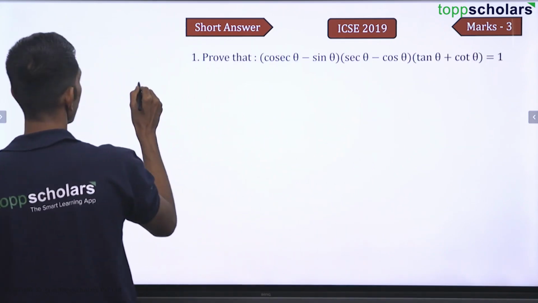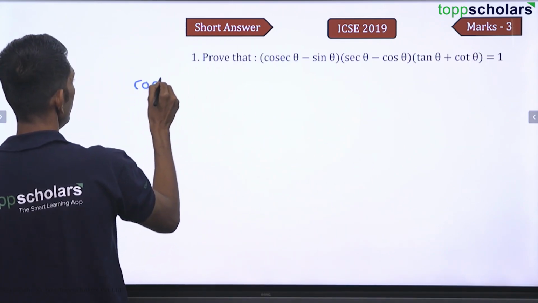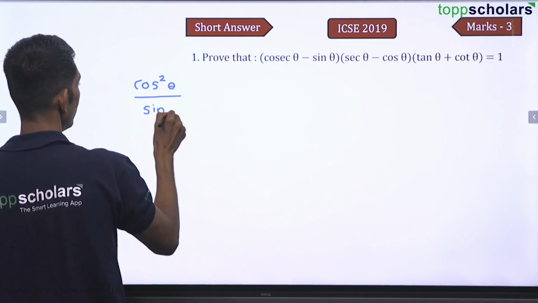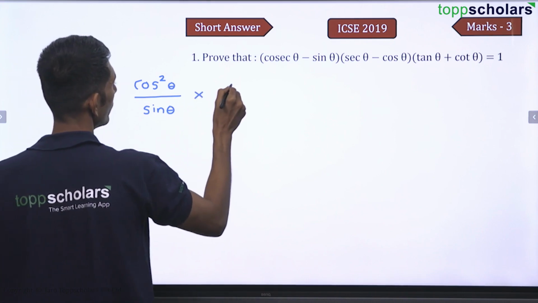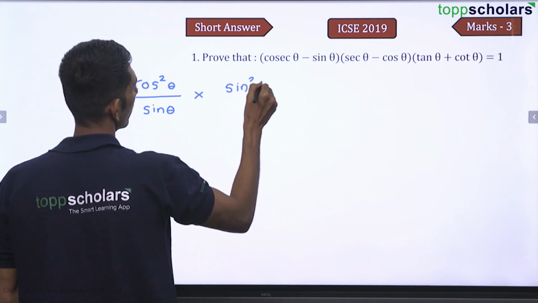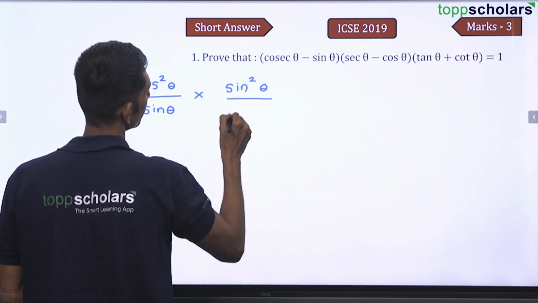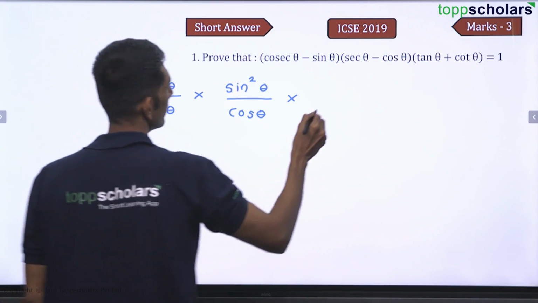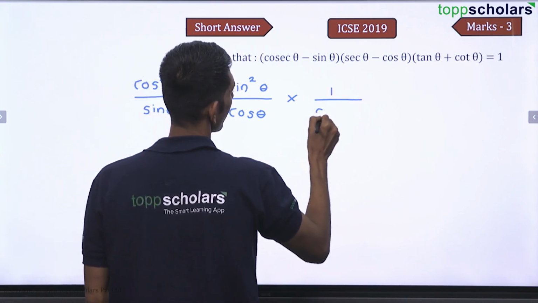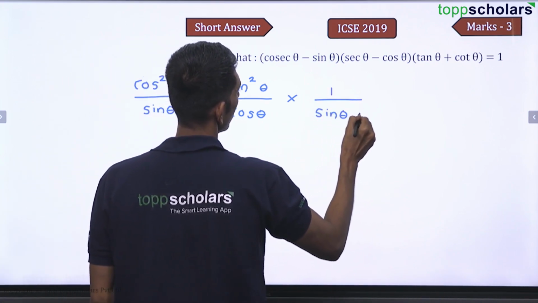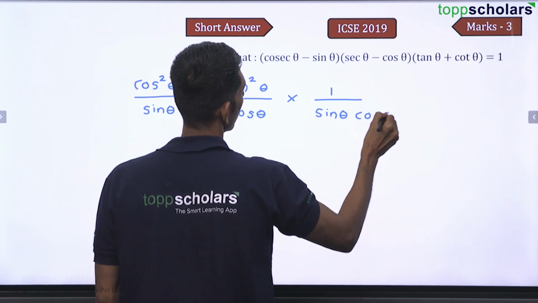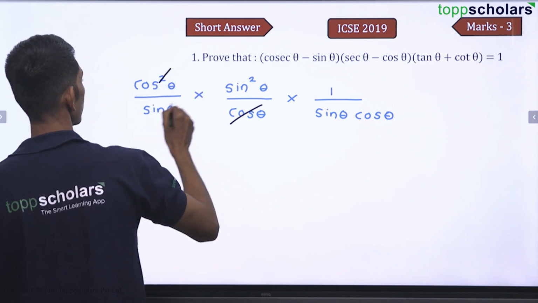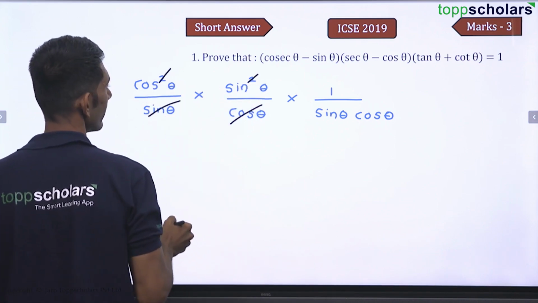So further we get cos square by sin in one bracket into sin square by cos in the other bracket, and then we had 1 by sin theta cos theta. So cos square cos, sin square sin, right?